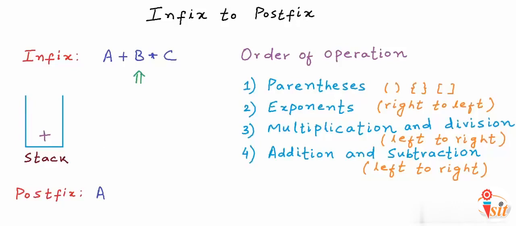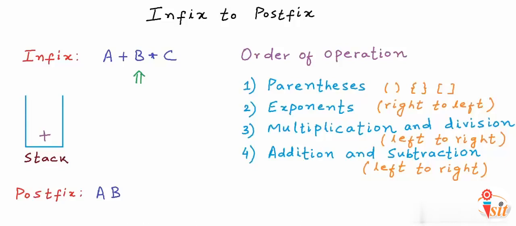Moving on, next we have B, which is an operand. As we had said, operand can simply be appended. There is nothing that can come before this operand. The operator in the stack is anyway waiting for the operand to come. Now at this stage, can we place the addition operator in the postfix string? Well, actually what's after B also matters.